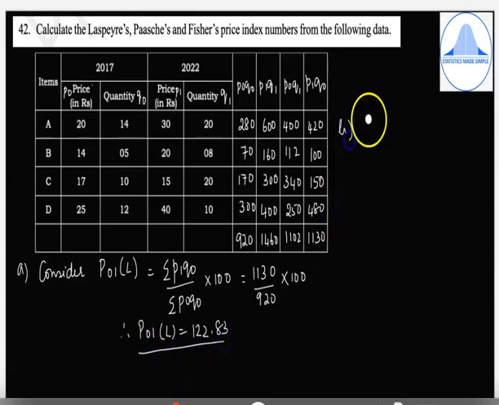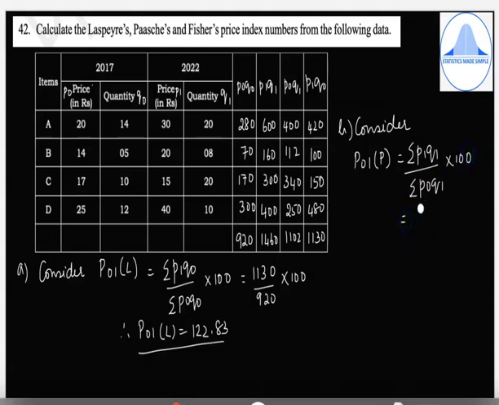Next, you can find out Paasche's price index number. So consider P01 of P is equal to summation P1 Q1 divided by summation P0 Q1 into 100. So which is 1460 divided by 1102 into 100. So we get P01 of P is equal to 132.49.